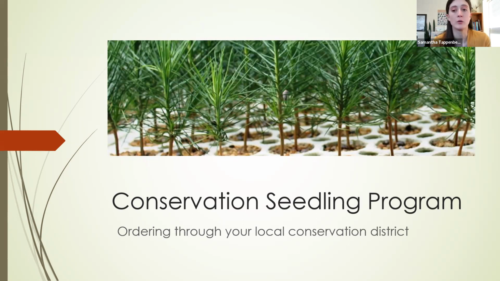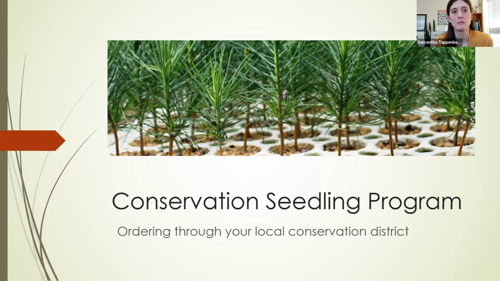However, if you want to order below the minimum order size, so maybe you're a smaller scale landowner, or maybe you're planning to do a project that just doesn't require as many seedlings as that minimum order size is, then you can place an order through your local conservation district, because we pool our small orders together so that landowners can get around that minimum order size and still be able to order from the Montana Conservation Seedling Nursery.